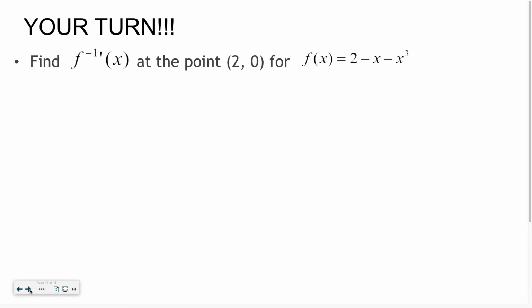So since we're at the coordinate, we can find the derivative of the inverse. So f inverse at 0 is 1 over f prime of 0. Yeah, so now I just got to figure out f prime of 0.